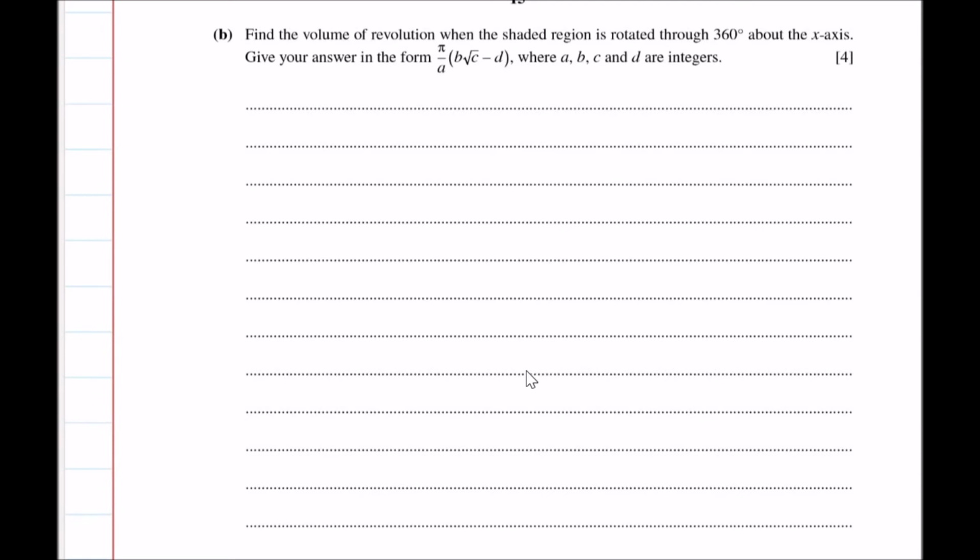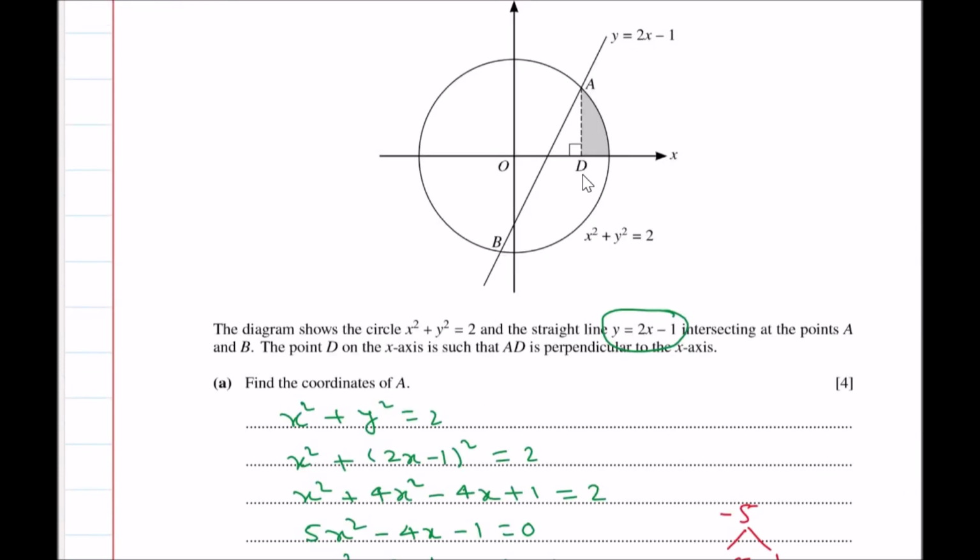Part B. Find the volume of revolution when the shaded region is rotated through 360 degrees about the x-axis. Give your answer in the form π/a times (b√c − d), where a, b, c and d are integers. Let us see in this diagram what we have so far. Point A we got (1, 1).